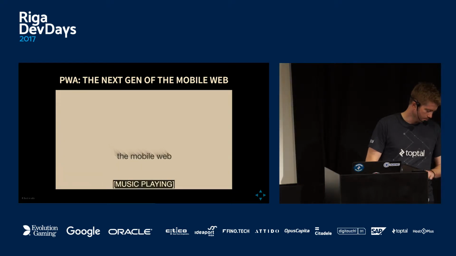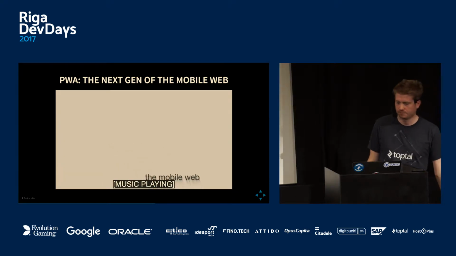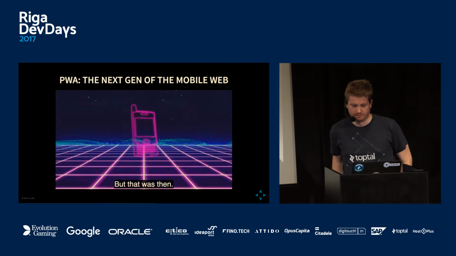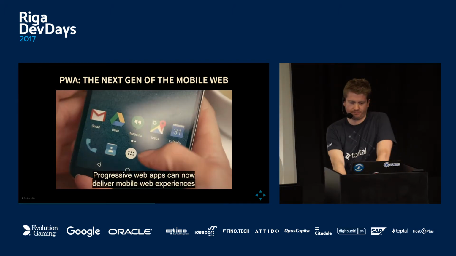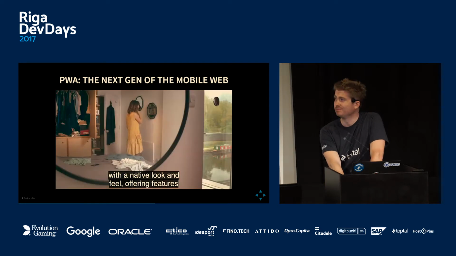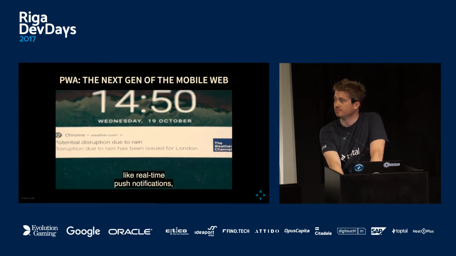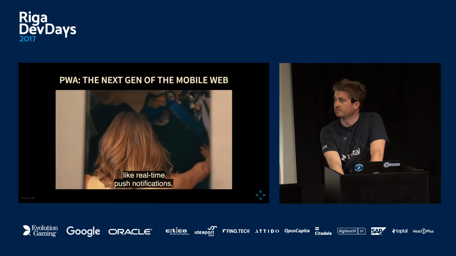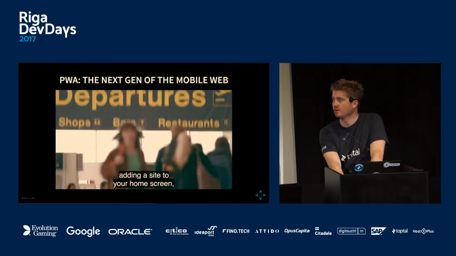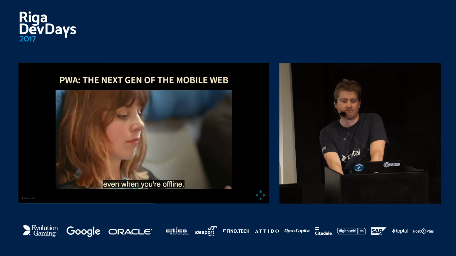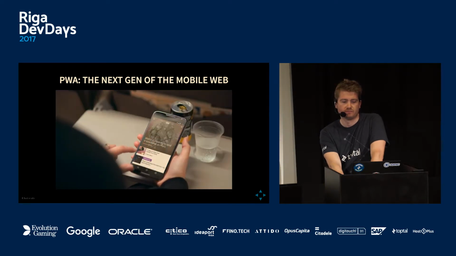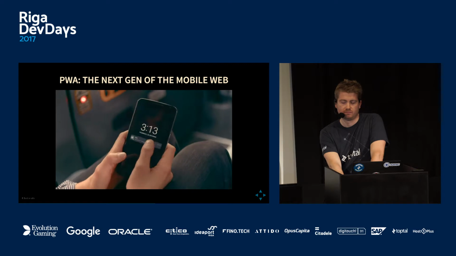But that was then. Progressive web apps can now deliver mobile web experiences with a native look and feel, offering features like real-time push notifications, adding a site to your home screen so you can easily jump back to it with a single tap, even when you're offline. Plus the ability to make quick payments on the go.